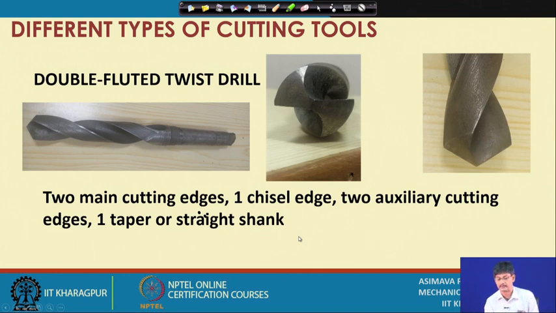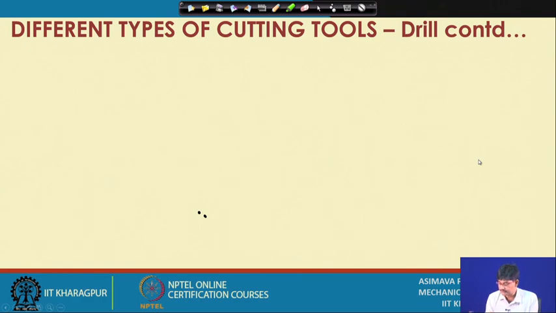The drill which is shown is a specific type of drill. What is it called? It is a double fluted twist drill. There are two main cutting lips here. There is also a chisel edge.